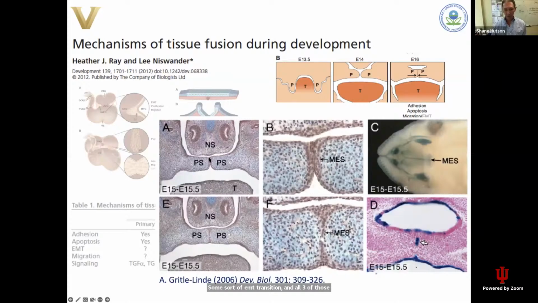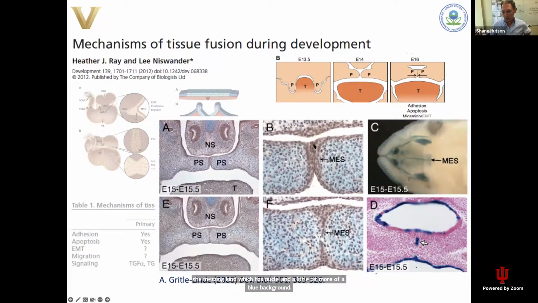So this is some micrographs of what's going on in the mouse palate. And so here PS is the palate shelves, and they're growing towards one another. You can see the staining differentiates a little bit between the outer epithelium there in brown, and then the mesenchyme, which has nuclei and a little bit more of a blue background there.